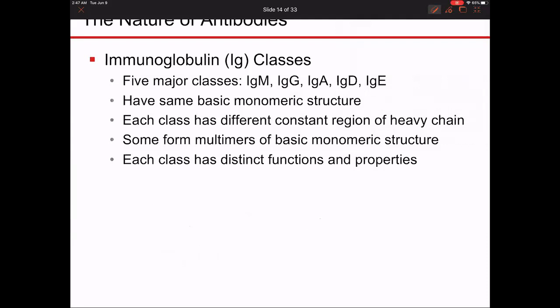And then finally, IgG. Here we're talking about the most common antibody circulating in the bloodstream. Represents about 75% of serum antibodies.